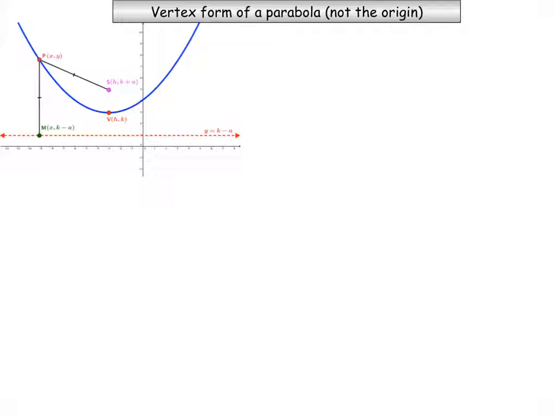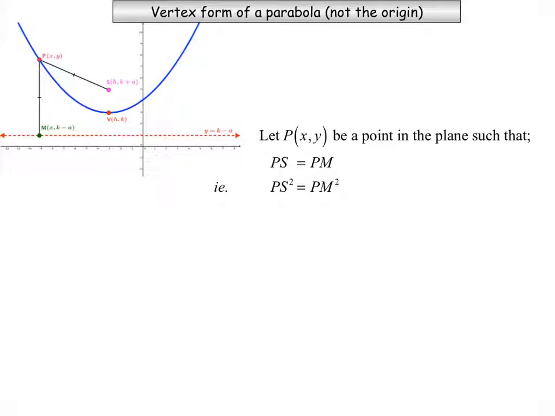Okay, so now let's try and see what's happening with our equation. So again, start the question off. Let P be a point in the plane such that the distance PS is equal to the distance PM. We like to work without the square root symbol, so let's just now square it.